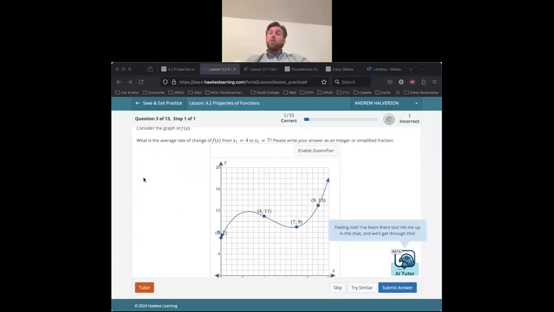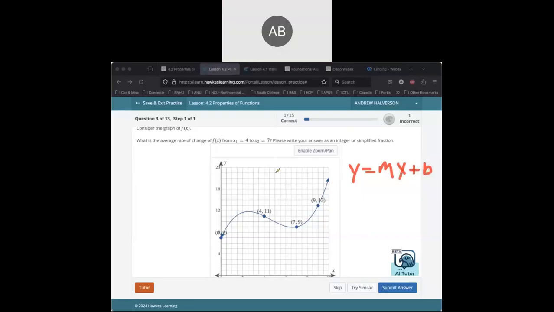So what's that formula? Tell me what the formula is for slope. Y equals mx plus b. That's the slope-intercept formula, the equation of the line. Is it y2 minus y1 over x2 minus x1? Boom. That's the same formula for average rate of change.